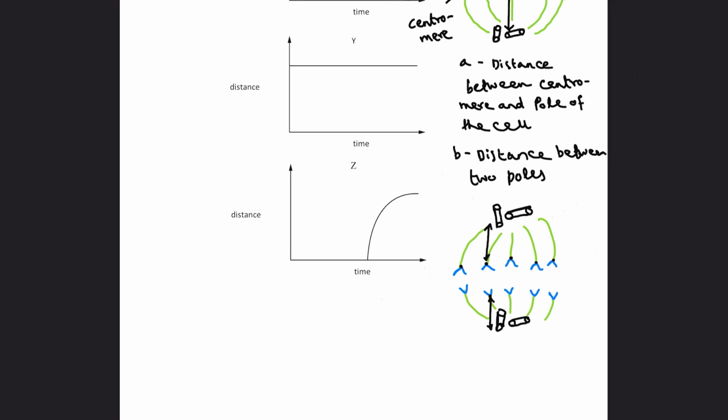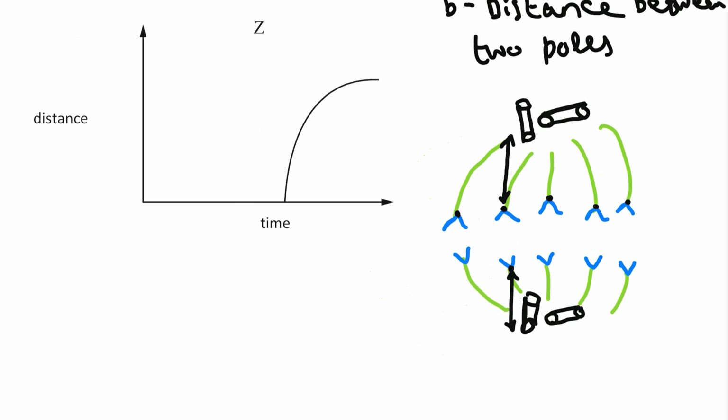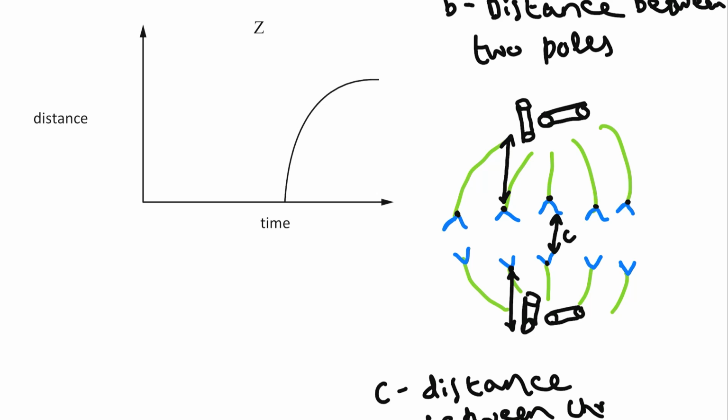Okay, what will happen to the distance between the chromatids? Yes, guys, the distance between the chromatids was zero initially. For example, this is distance C, distance between chromatids. So this was initially zero in metaphase. Now in anaphase, this will increase.